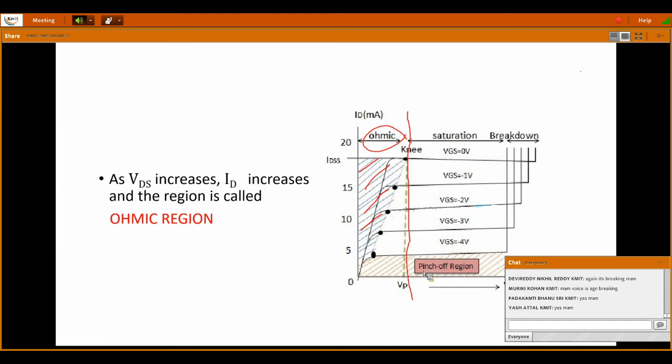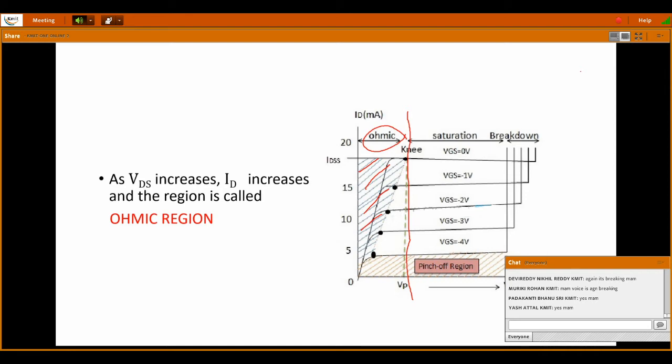That's all, as simple as that. So in the second case, the first observation that we have made is the ohmic region in the drain characteristics of JFET. I hope everyone has understood this.